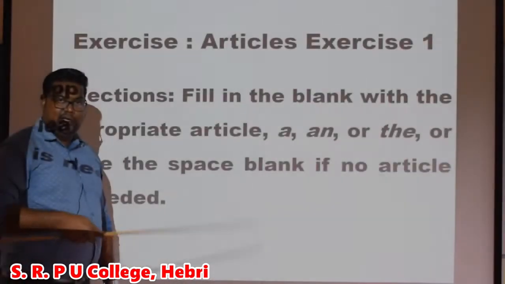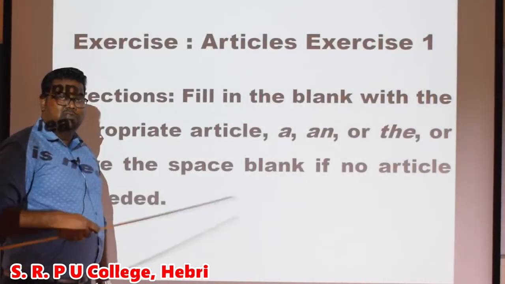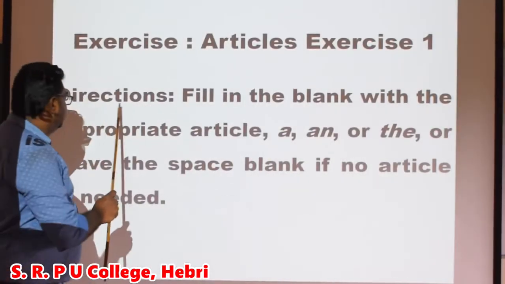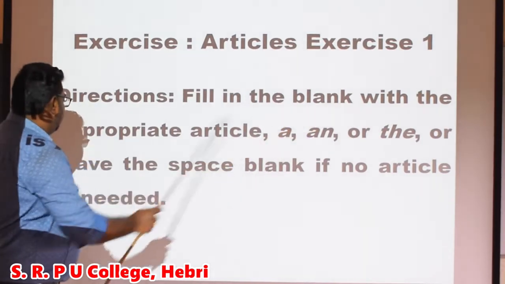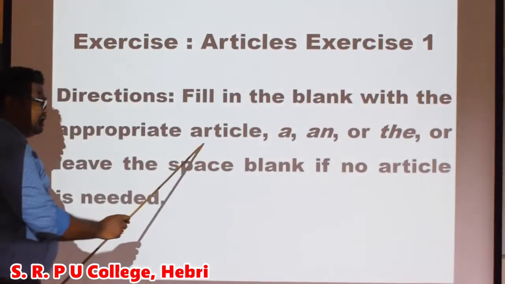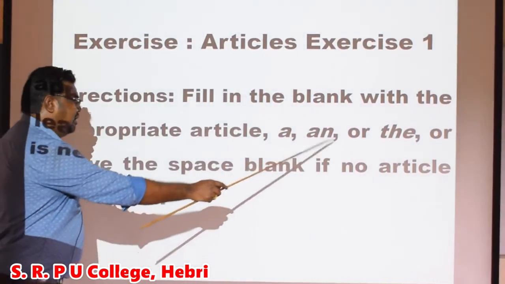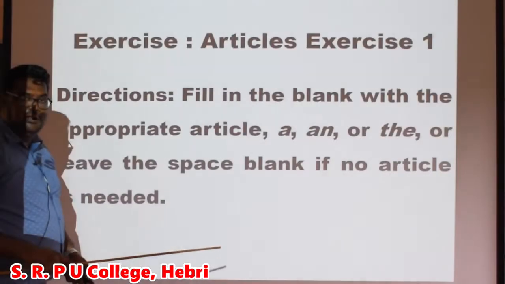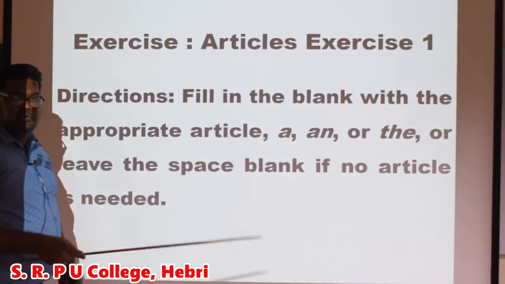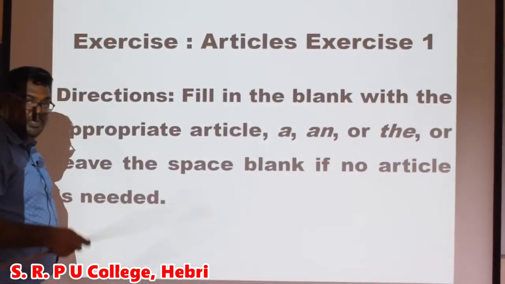Next exercise based on these articles, that is a or an, and one more is the. Now go through the instructions before trying to solve this exercise. Fill in the blank with the appropriate article. And which are the articles? It might be a, an, or the. There might be an occasion wherein there might be no need to use any article, that is omission.